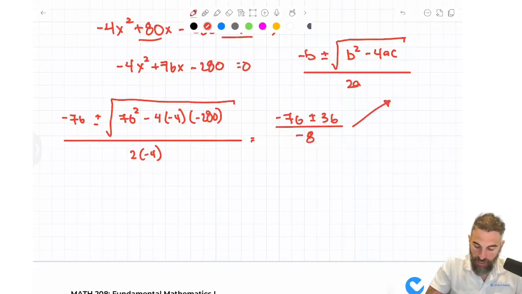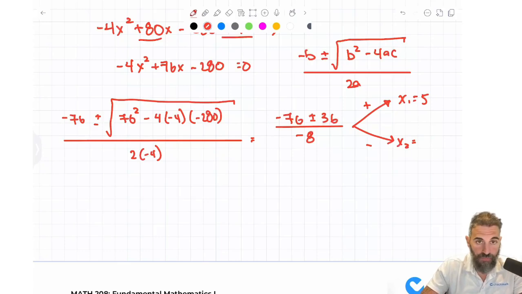So we'll do it once with plus and once with minus. So negative 76 plus 36 divided by negative 8 is 5. So that's your first one. So x1 equals 5. And x2, negative 76 minus 36 divided by negative 8 is 14.